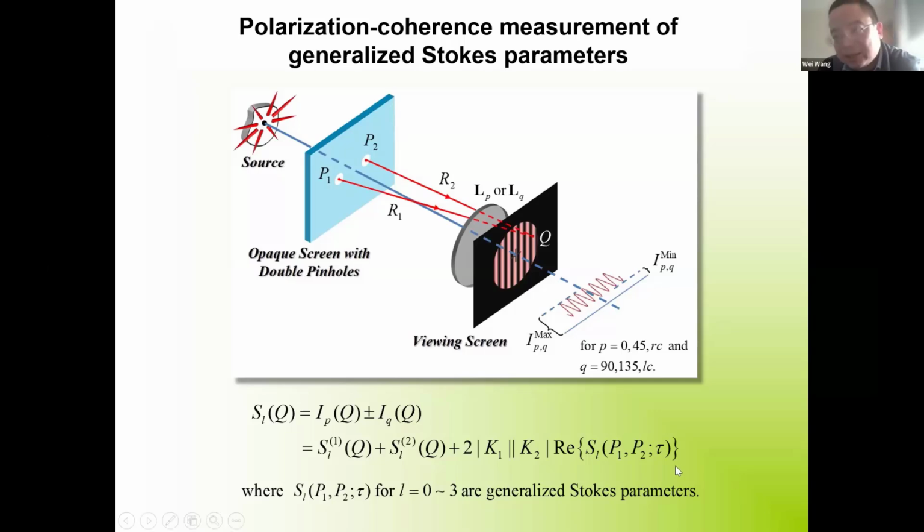The last term represents the generalized Stokes parameter for these two points. Through this way, we are also able to measure the polarization coherence for the stochastic electric fields. So these are two different types of schemes for the measurement of the polarization related coherence phenomena of the light.